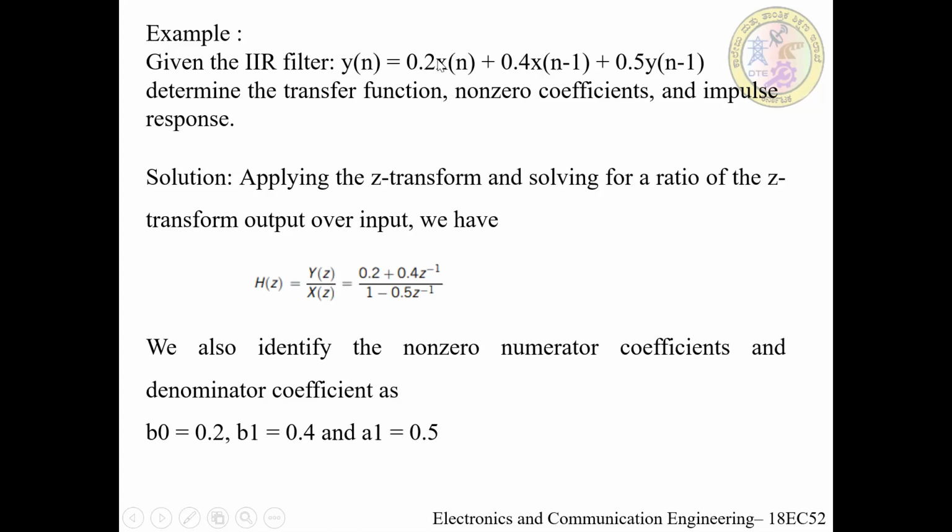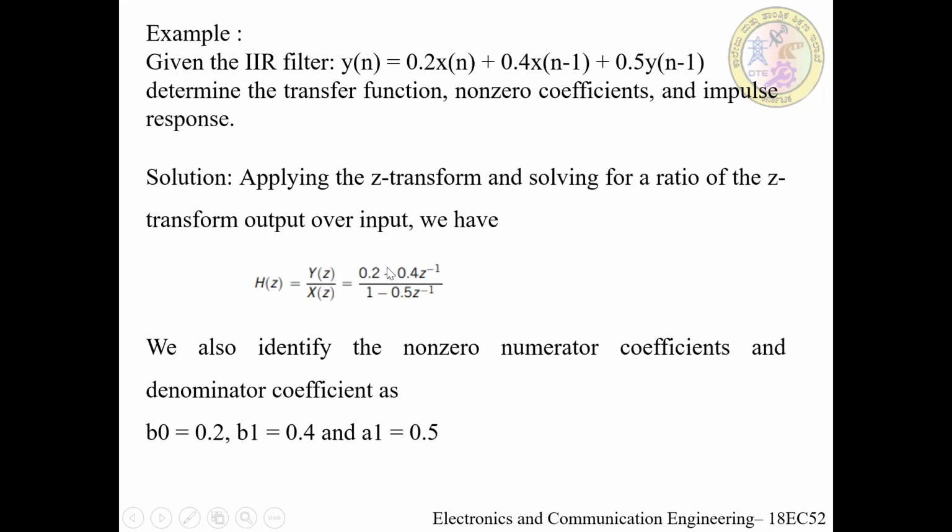And after applying Z transforms, we have to solve for the ratio of Z transforms of the output to the Z transforms of the input. So that represents H of z, the transfer function, which is equal to y of z by x of z. We will obtain 0.2 plus 0.4 z raised to the power of minus 1 divided by 1 minus 0.5 z raised to the power of minus 1.